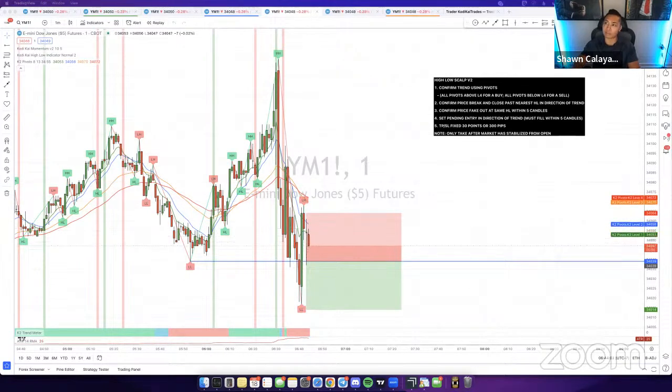I'll watch and see if it comes back down. I'll have to watch it closely. See, it came back down, it's in profit now. Currently running in profit.